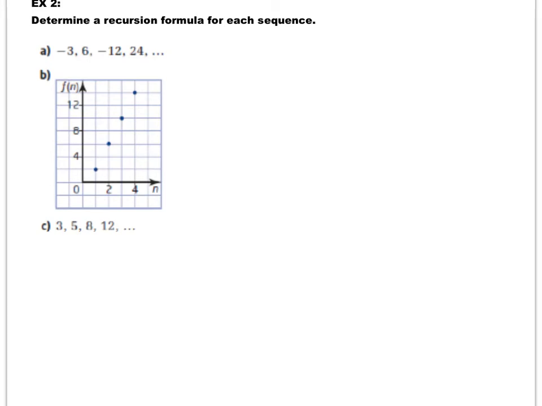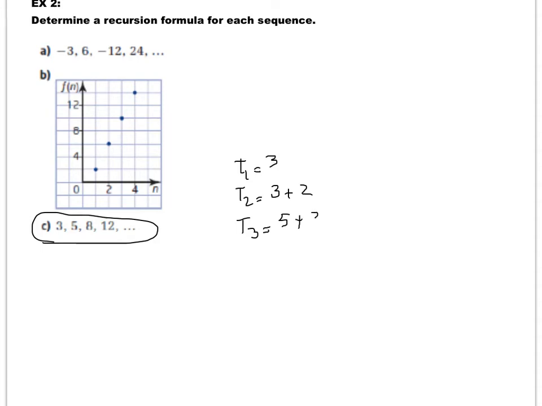The next example, we have a sequence given here. We know that the first term is 3. If you look at the second term, I can write it as 3 plus 2. The third term I can write as 5 plus 3. And the fourth term I can write as 8 plus 4.